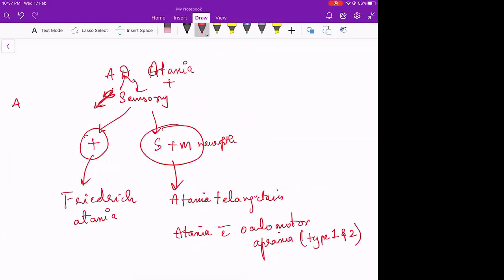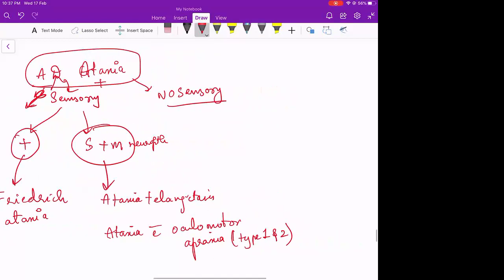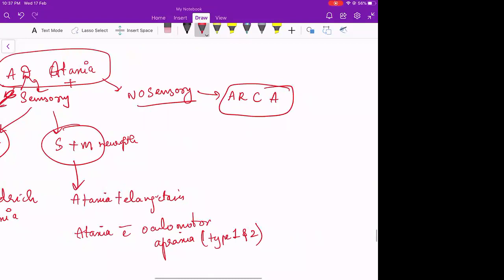If the patient is having autosomal recessive ataxia and no sensory symptoms, it is seen in autosomal recessive cerebellar ataxia only, and it is further classified into type 1 and type 2. They have associated elements. The spinal tract also might be affected in those.